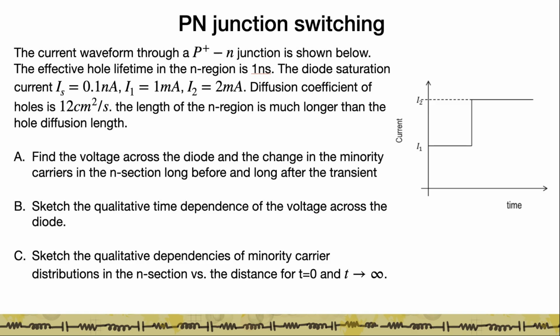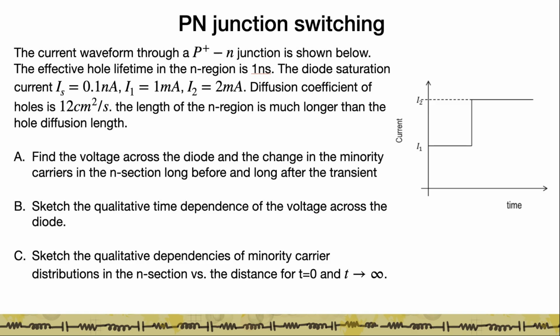You're asked to find the voltage across the diode and the change in the minority carriers in the N section long before and long after the transient. Sketch the qualitative time dependence of the voltage across the diode and the minority carrier distributions in the N section versus the distance at time t equal to 0 and at time t equal to infinity, right?